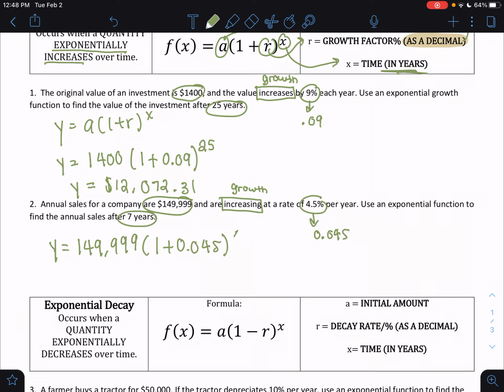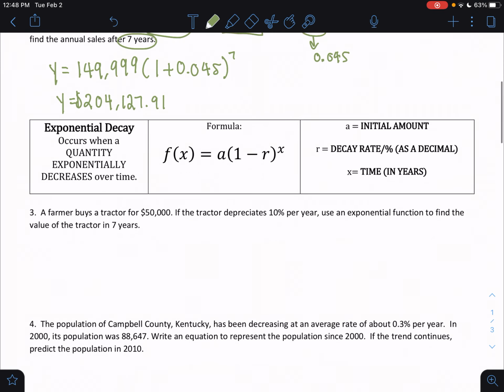And we would have to the x, and they want us to find after 7 years, so we're going to replace that x with 7. And again, just enter this all into your calculator, and you should get $204,127.91. Okay, let's go on to our next formula here.